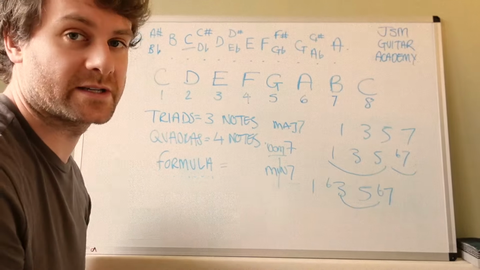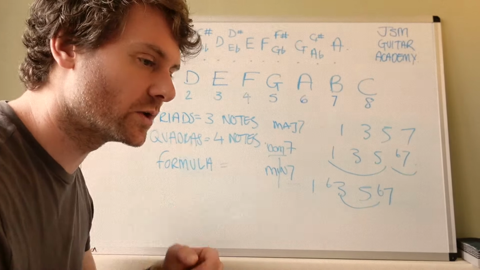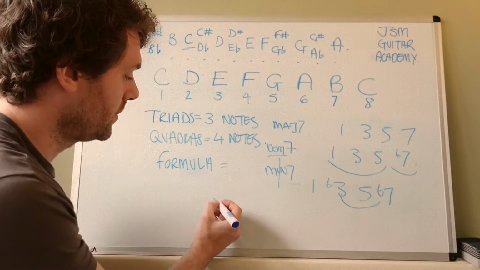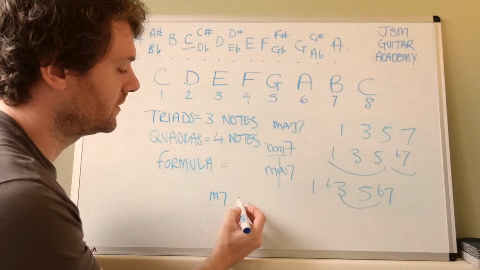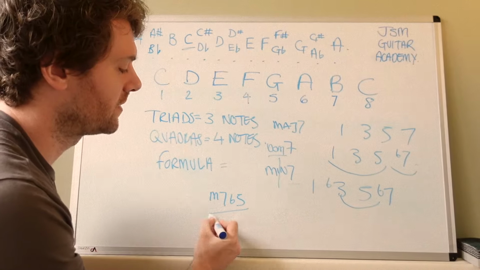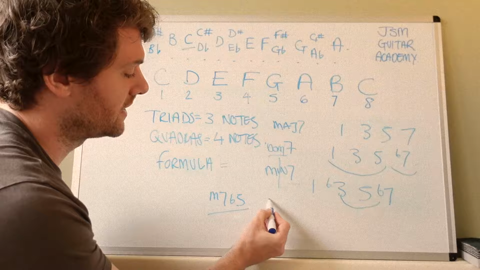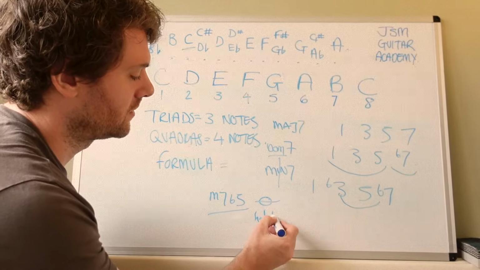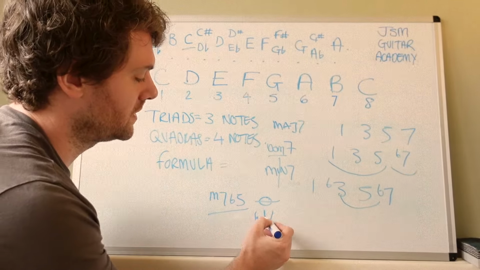Then this one here, which I said was the best example of how to use a chord name as an instruction of how to build the chord. We looked at the minor 7, flat 5. We also know that as our half diminished chord. I can just write that. Half diminished. 3 different ways to write that there.